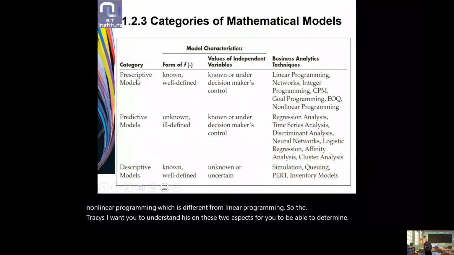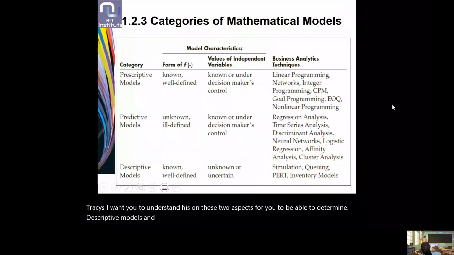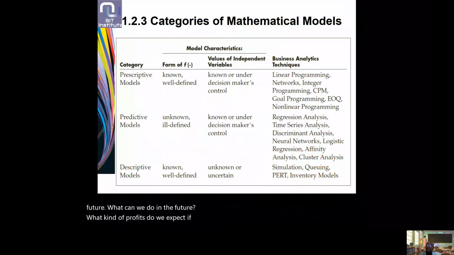prescriptive models. Prescriptive models provide a way of saying what we can do in the future, what kind of profits we expect if we produce X number of products and Y number of products.